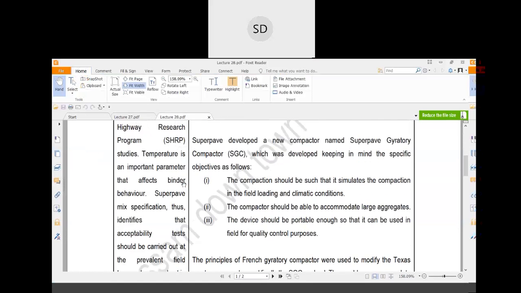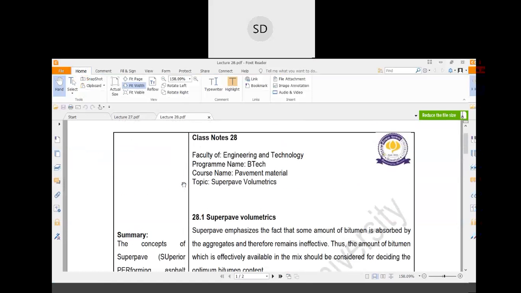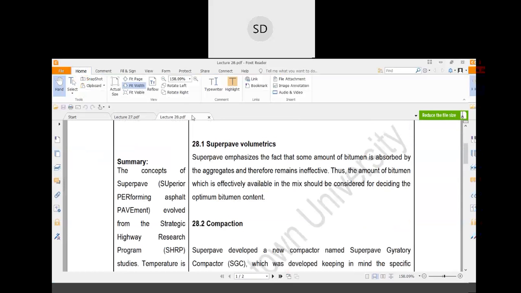Now, next thing is Superpave volumetrics. What are the different volumetric characteristics of Superpave? Superpave emphasizes the fact that some amount of bitumen is absorbed by the aggregate and therefore remains ineffective. So basically, that is a general concept which we have already studied.